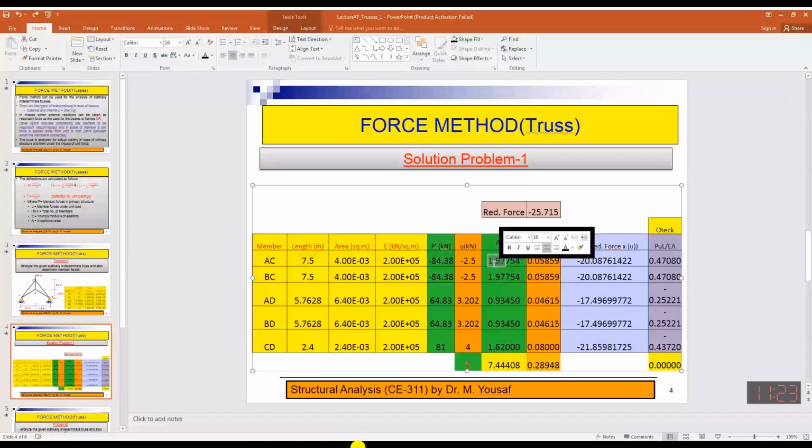So it should be taken up to 4 or 5 digits.